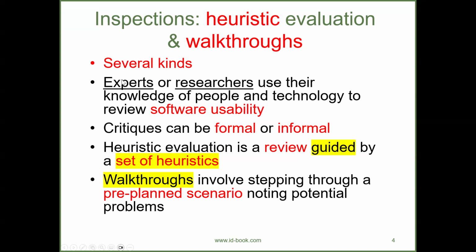Experts or researchers use their knowledge of people and technology to review the software usability. The feedback taken from these researchers and experts can be informal or formal feedback also.